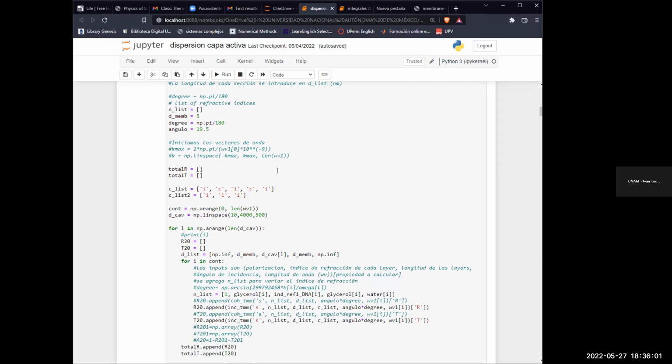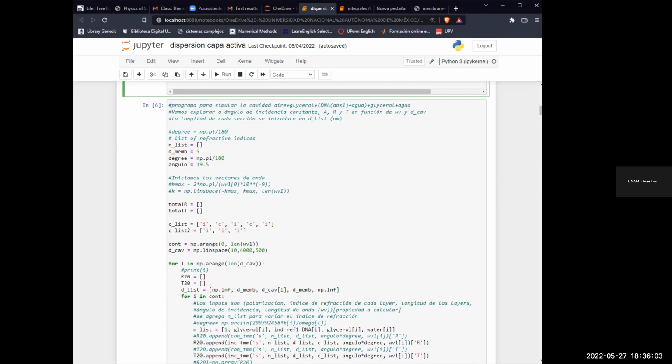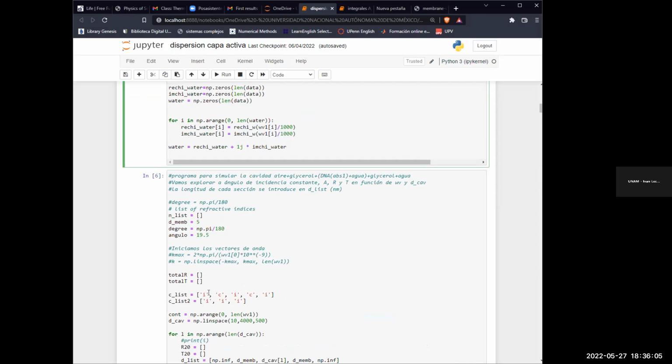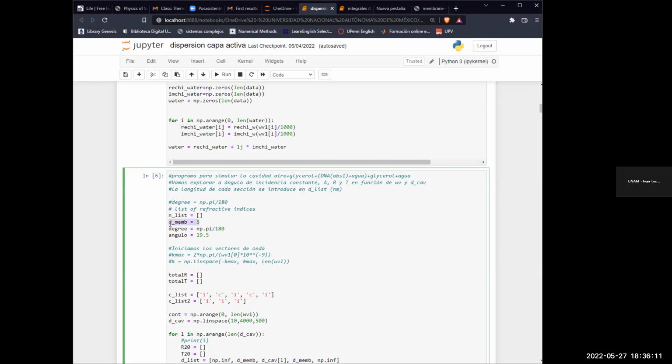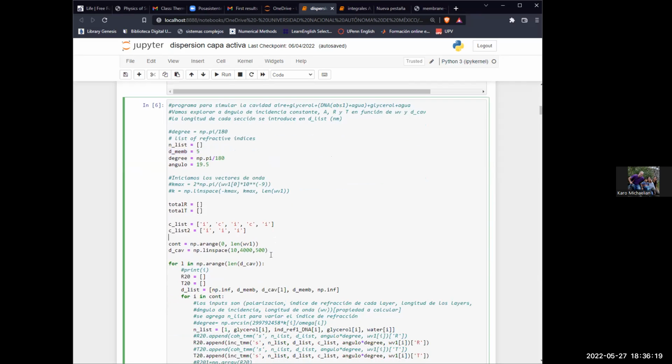So here I'm thinking that the membrane is about 5 nanometers in length. We are changing the dimension of the length of the cavity.